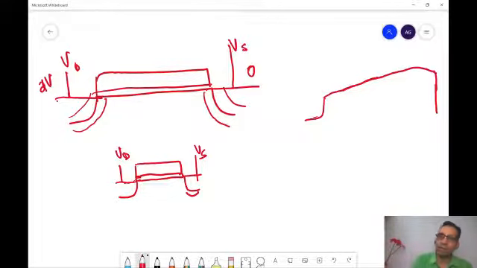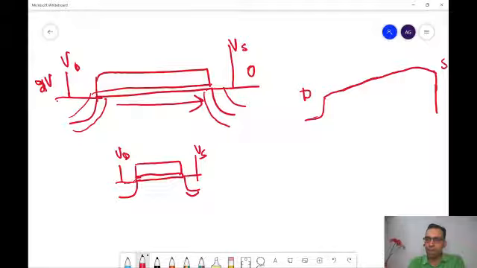The 2 volts that I had over here is dropping across the channel. As I move from drain side to source side, this barrier is increasing. If I have a higher voltage over here, electrons will be attracted over here.